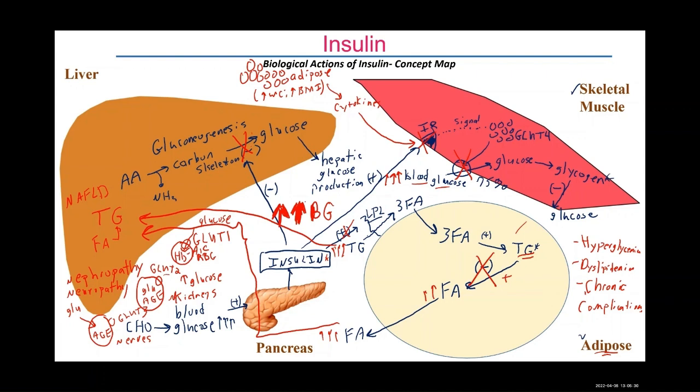Okay. Now the consequences of all this, right, is going to be the high glucose can lead to glycation, advanced glycated end products in your kidneys and your nerves and your eyes, and it can lead to kidney disease, nerve conditions like paresthesia, and it can lead to blindness.